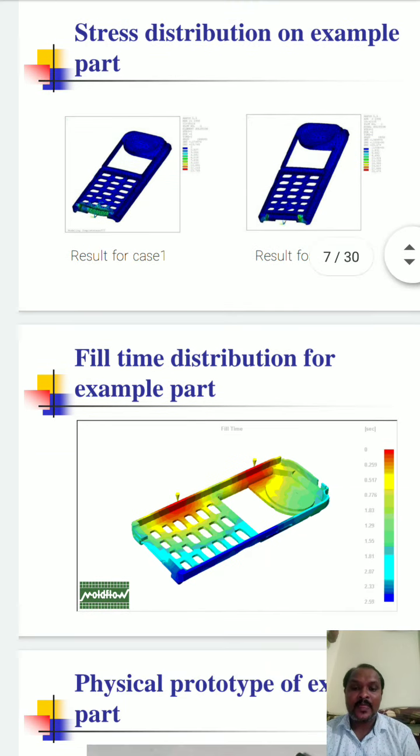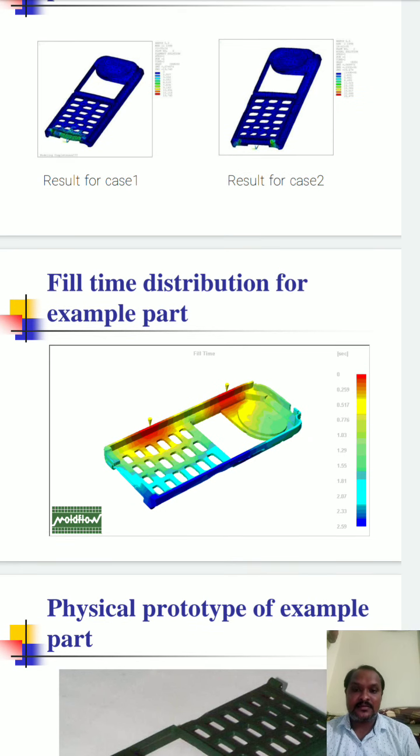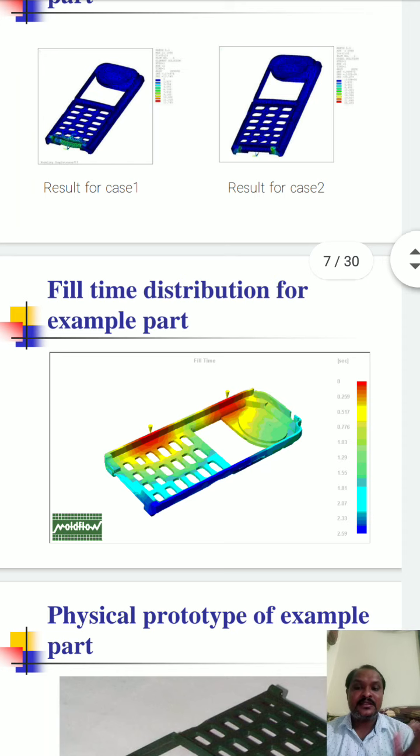In the fourth diagram, the red color region has very high stress, and it may be principal stress or hoop stress, we don't worry, but the red region shows the high stress region and the blue region shows the very low stress region. According to this you can change your design. Means at this upper corner there is a maximum stress, so you should add some material in that region to sustain the maximum load, etc.